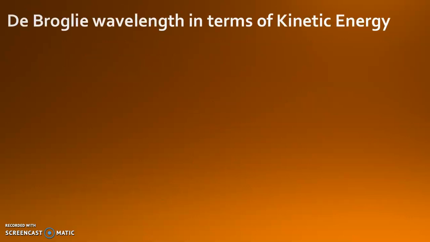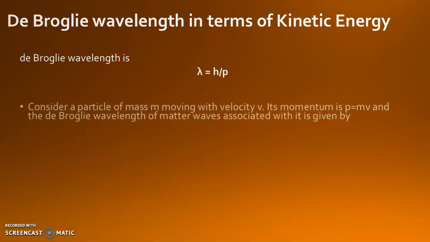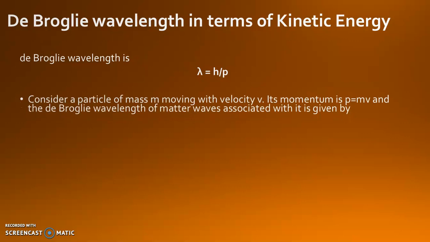Now we can obtain this de Broglie wavelength in terms of kinetic energy. For that purpose, we already know the de Broglie wavelength, which is lambda is equal to h upon p. Consider a particle of mass m moving with velocity v.